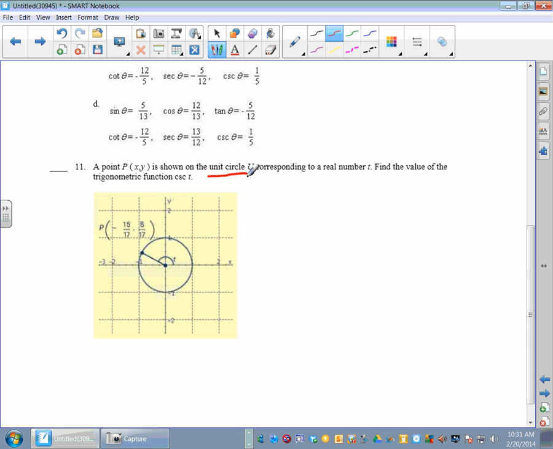Unit circle brings us our other definitions. What's the definition of cosecant of t? 1 over sine of t. And on the unit circle, what is sine of t equal? On the unit circle, this definition changes.